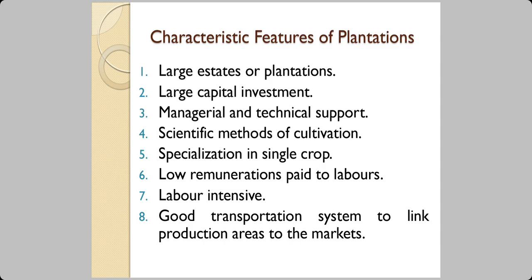And then these plantations are located in such a way that transportation to the market is easy. Often they have some processing also. In south India, where coffee is grown, they also process the coffee and bring it to marketable condition, and then it's transported out. That also preserves the quality of the product.